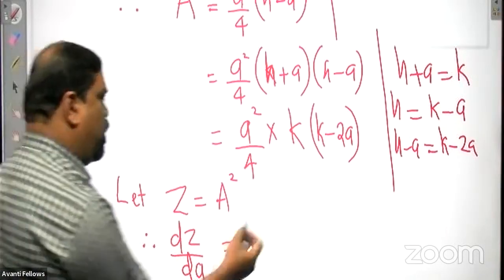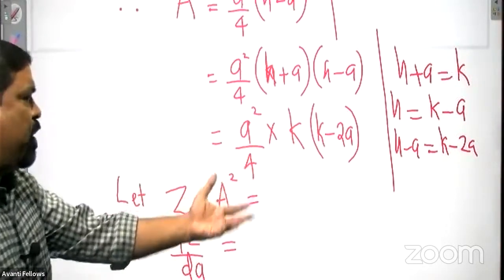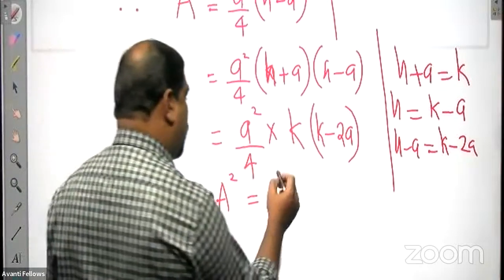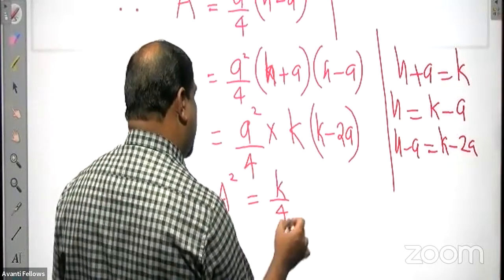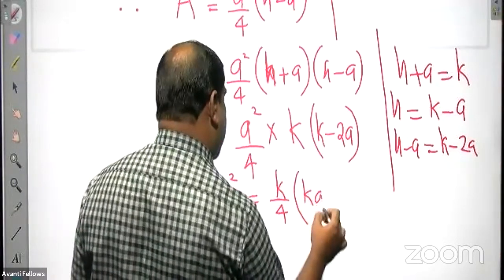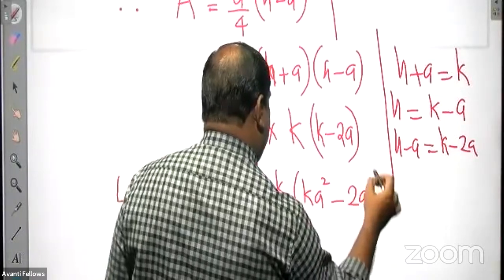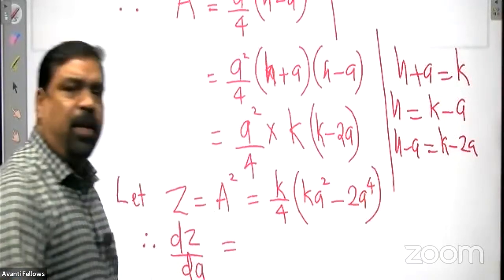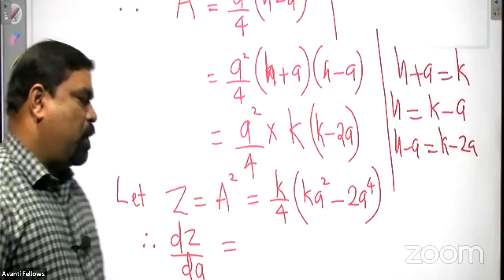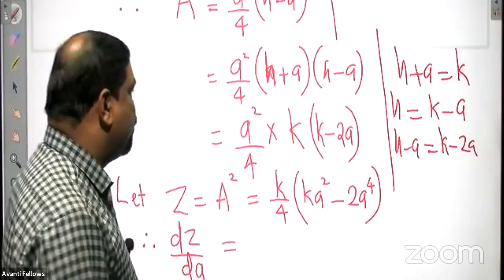Before the differentiation, we can do some more modification to avoid the product rule. Otherwise we have to apply the product rule. So better to take A square inside, that means K A square minus 2A raised to 4. So we avoid the problem of product rule, and directly we can differentiate.